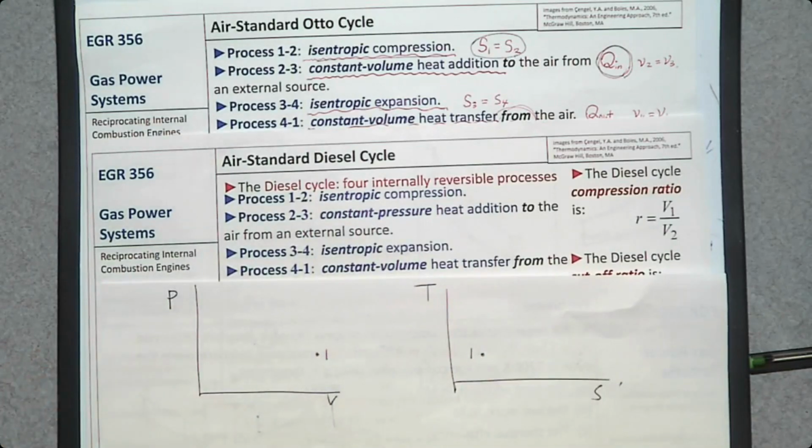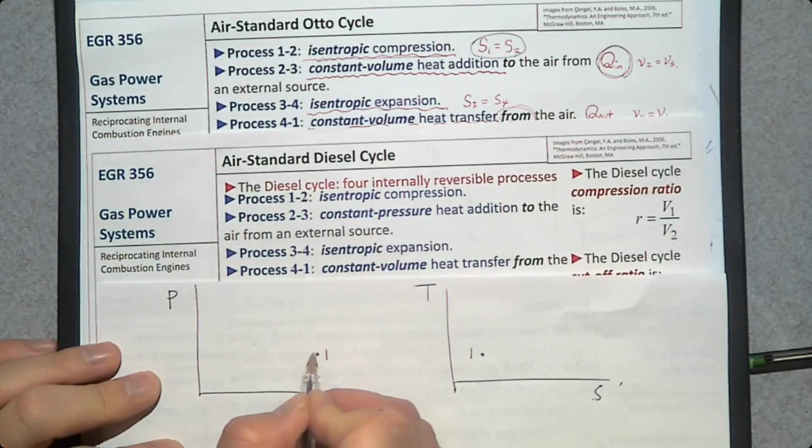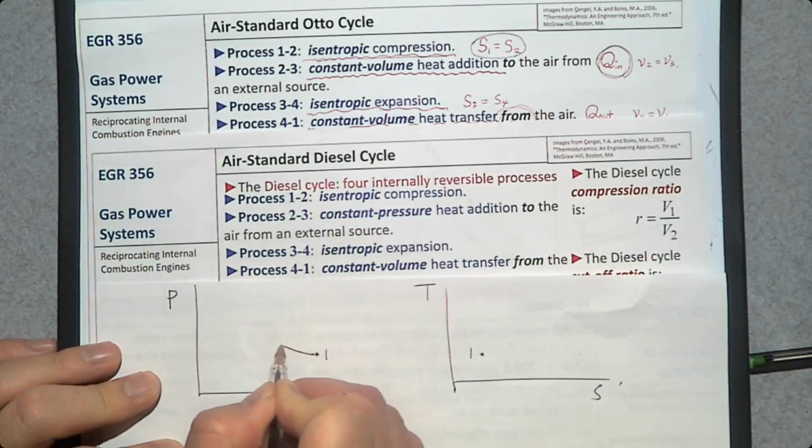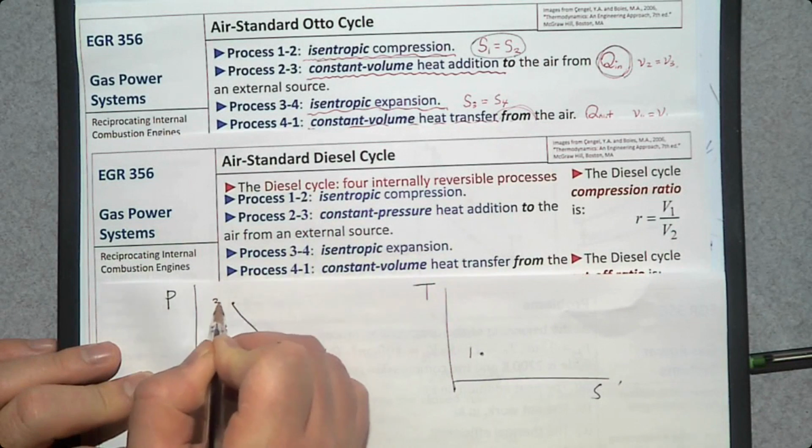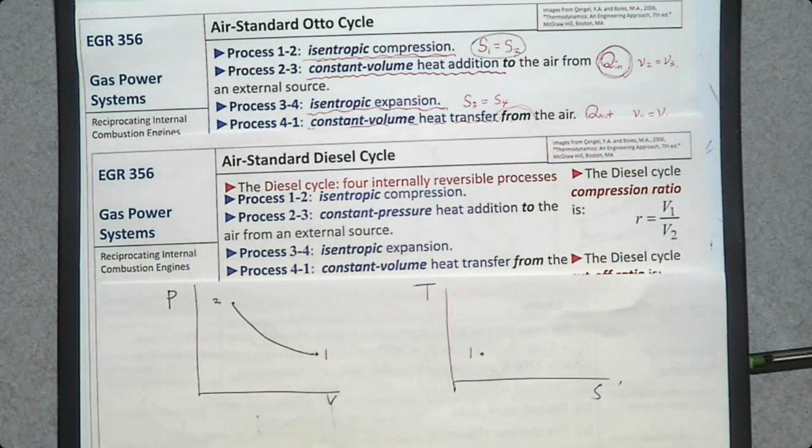And now we have an isentropic compression. So the volume should decrease. Pressure should go up because it's a compression process. So process 1 to 2 is going to look like that. 2. On this TS diagram, it's going to be isentropic compression. So entropy should remain constant.